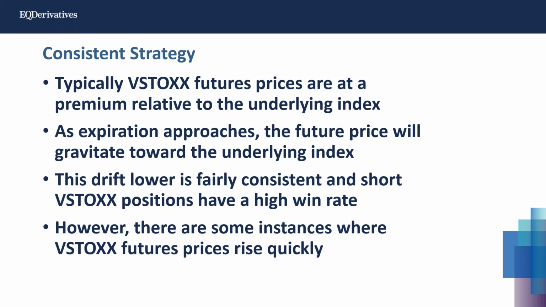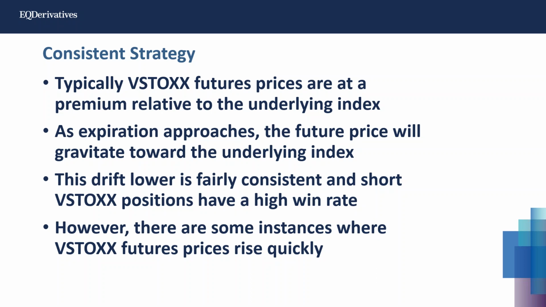The VSTOXX futures are typically at a premium relative to the underlying index, which, when you're trying to play some sort of catalyst move, means the futures are not going to move up as much as spot VSTOXX. That's just a characteristic of volatility derivatives.